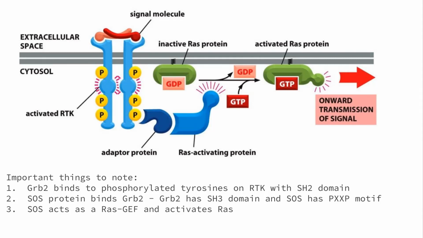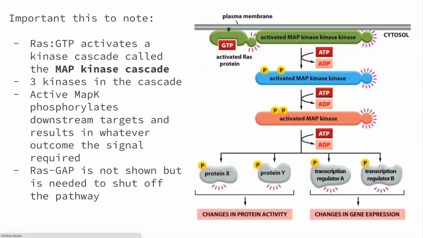Good question. Any other questions? Yes. Oh gosh, now I forget what it stands for. I think it's like a proline something, so I think it's just a sequence of amino acids that is recognized by the SH3 domain. Okay.